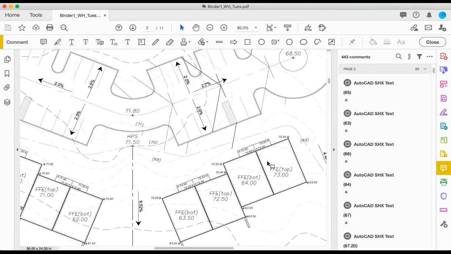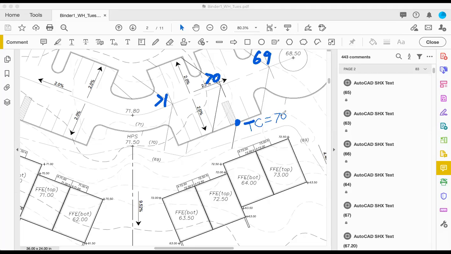The 4th unit. So we have 71, 70, 69. Here we're close to TC. Let me change to a thinner line. Close to TC equals 70. So definitely you need steps here. And your bottom is 64.